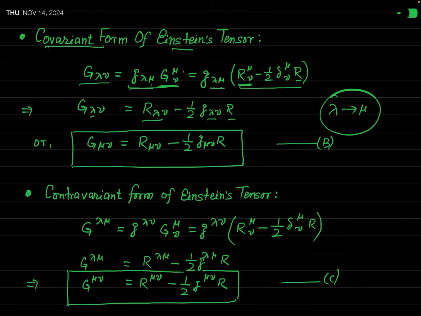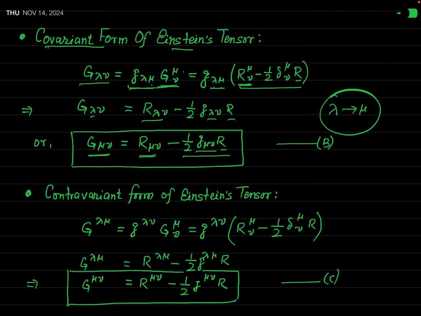So replacing lambda by mu, our result will be g mu nu equal to R mu nu minus this much. This is the covariant form of the Einstein tensor. This g mu nu is the covariant Einstein tensor. Again R mu nu is the covariant Ricci tensor and g mu nu is the covariant fundamental tensor and R is the curvature scalar.